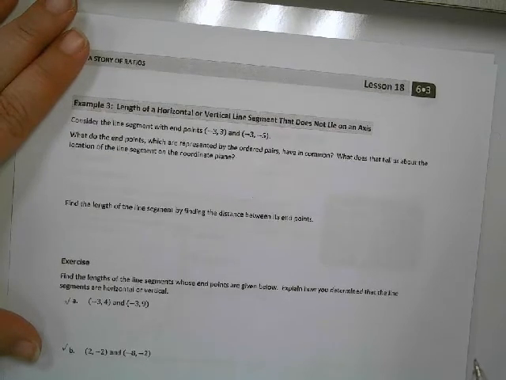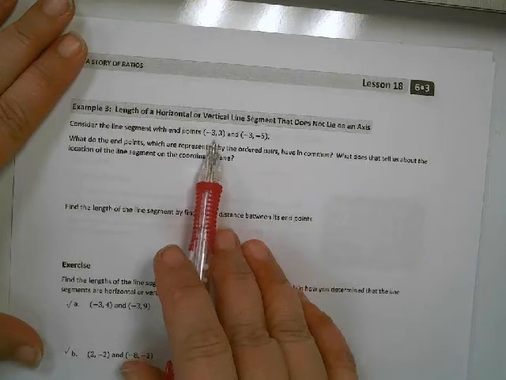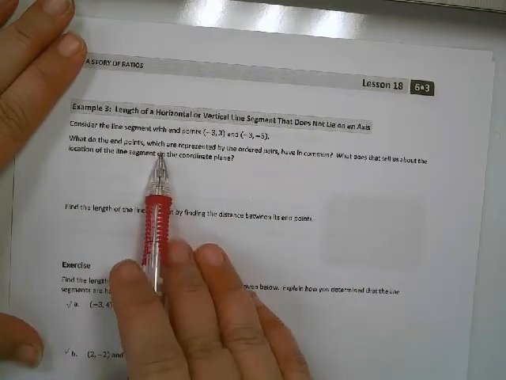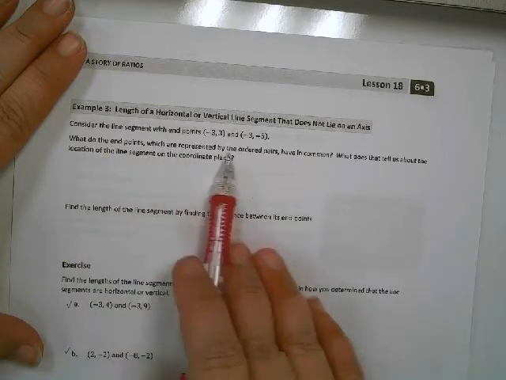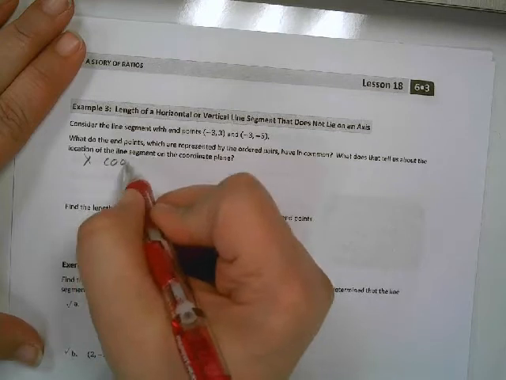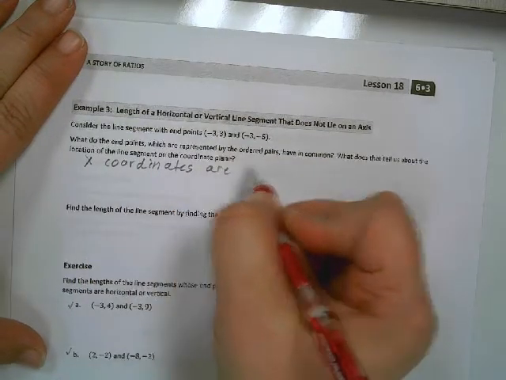In example 3, it says consider these points, -3 and 3 and -3 and -5. What do the endpoints which are represented in the ordered pairs have in common? So x coordinates are the same.